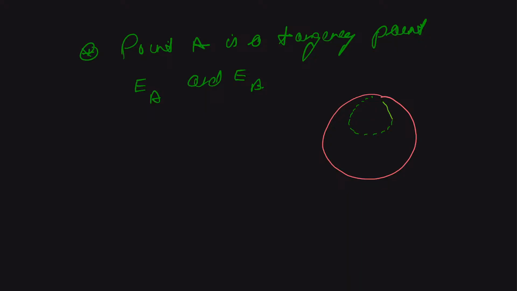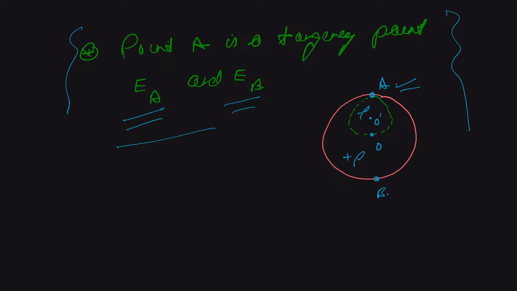Rest everything is the same; the only thing is that this is now point A, and point B is as it is. So this is our O and this center is our O prime. We are supposed to find the value of the electric field at A as well as at B, and similarly this will be plus and this will be minus. Everything will be the same; we have only modified the position of point A. So this is another interesting version of this particular question. You can try it out.